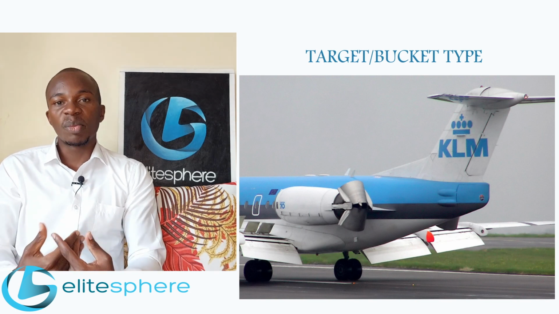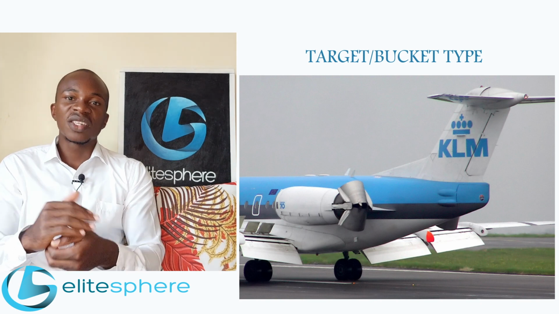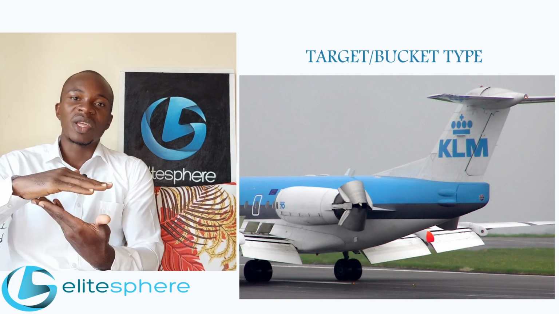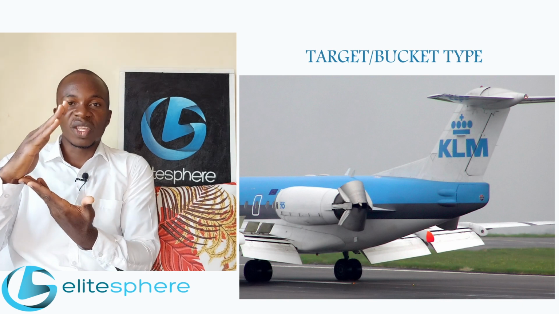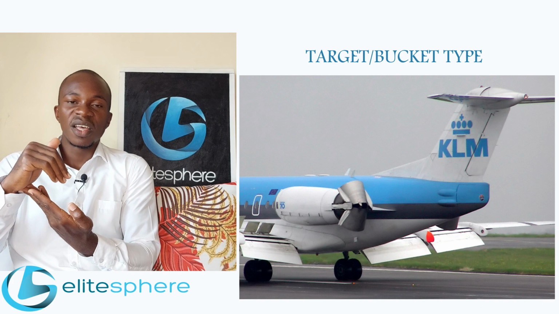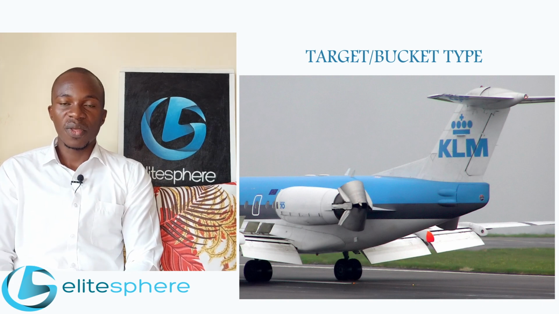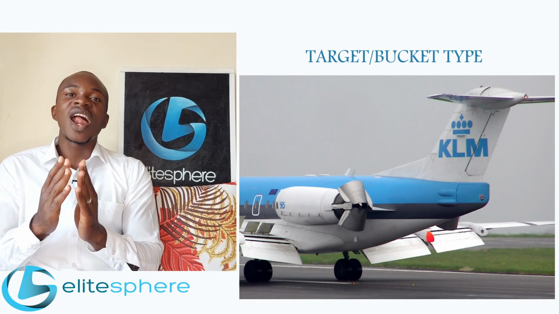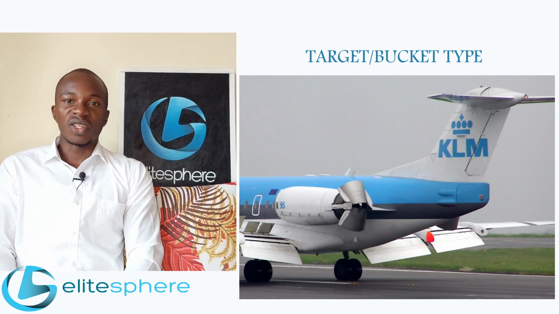So for the bucket type or the target type thrust reverser, the hot gases are deflected by a bucket type door that extends at the exhaust part of the gas turbine engine, and when these gases are deflected, thrust reversing is achieved that brings the aircraft to a stop. These bucket type doors are hydraulically actuated on most aircraft with gas turbine engines.